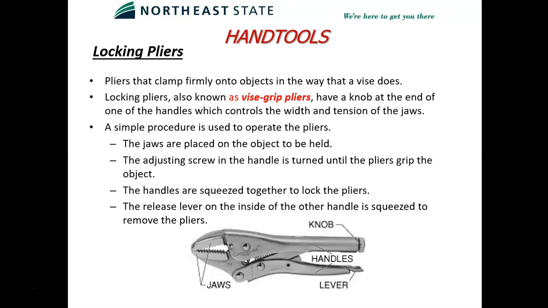So these are good pliers, they have their purpose. If it's something you can't grip with, say, a channel lock plier, these are really good to clamp down on, to try to loosen something, or just to hold it while you're trying to use a screwdriver to take screws out of it or something.